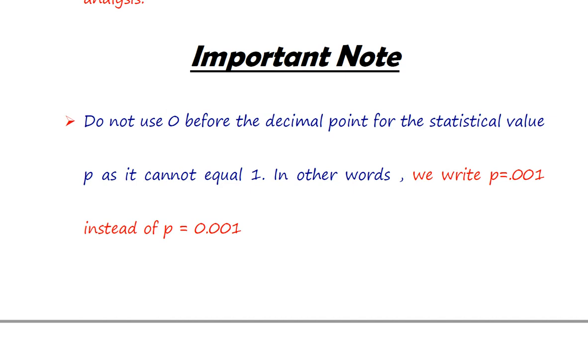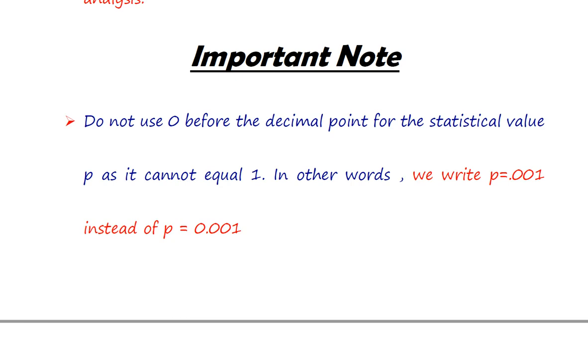Here are some important notes about p-value. Don't use 0 before the decimal point for writing p-value. For example, we write p-value as .001 instead of writing p-value as 0.001.